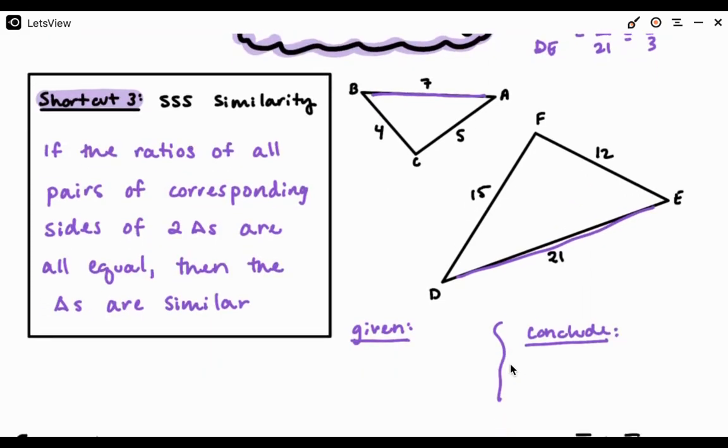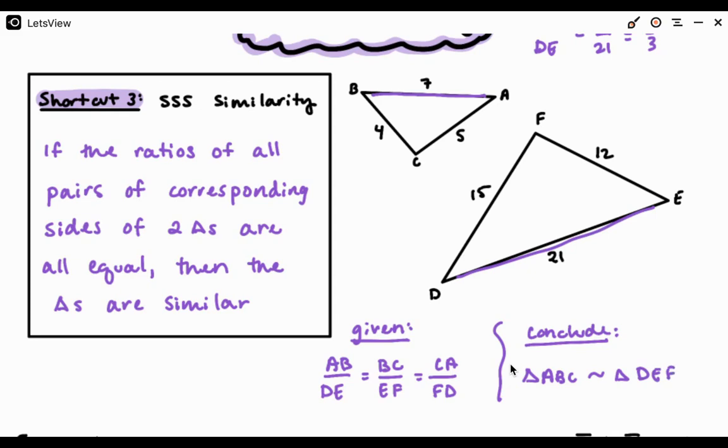Given that information, that AB over DE is equal to BC over EF is equal to CA over FD, we can conclude that triangle ABC is similar to triangle DEF.